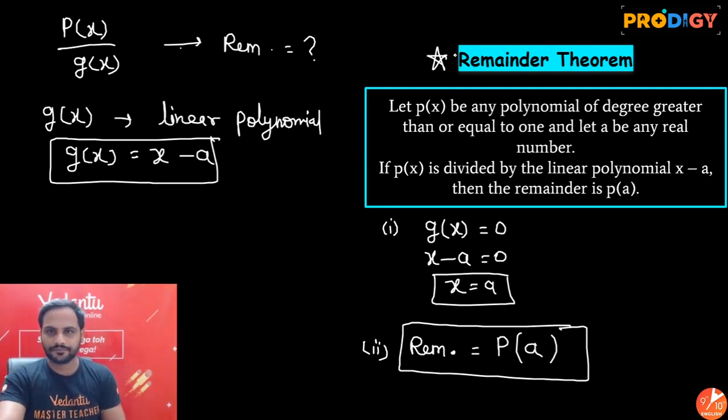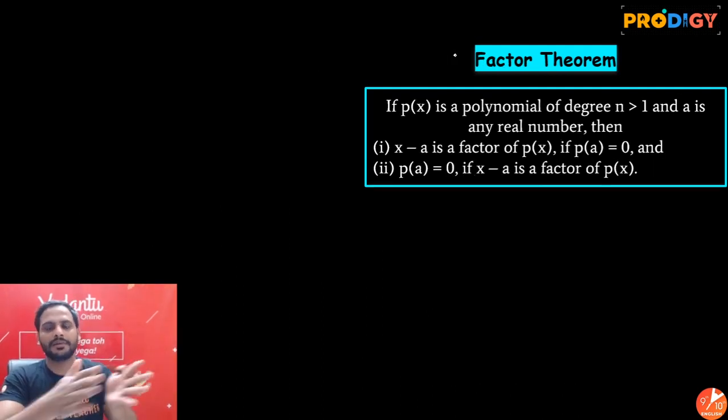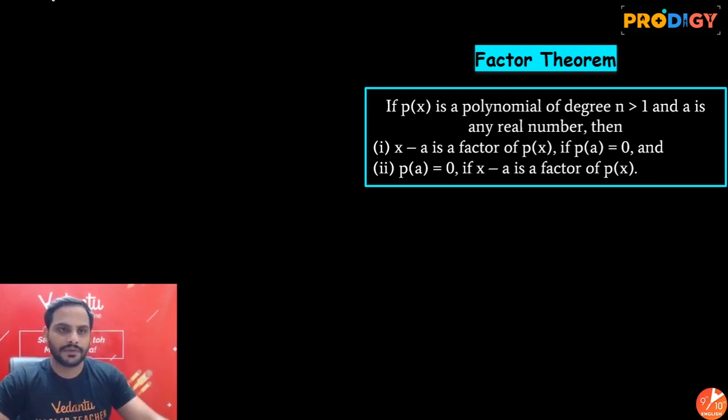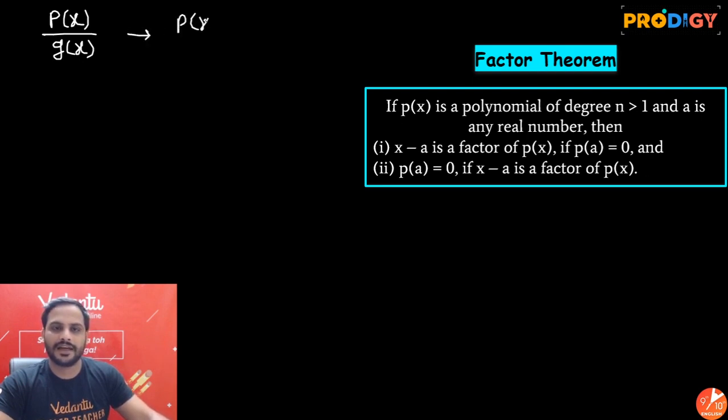Easy theorem. From remainder theorem beta, we go for the next theorem, which is factor theorem. So we got to know that suppose if I am doing p(x) divided by g(x), and let's say g(x) is x minus a. So let's say p(x), I am dividing it with x minus a.